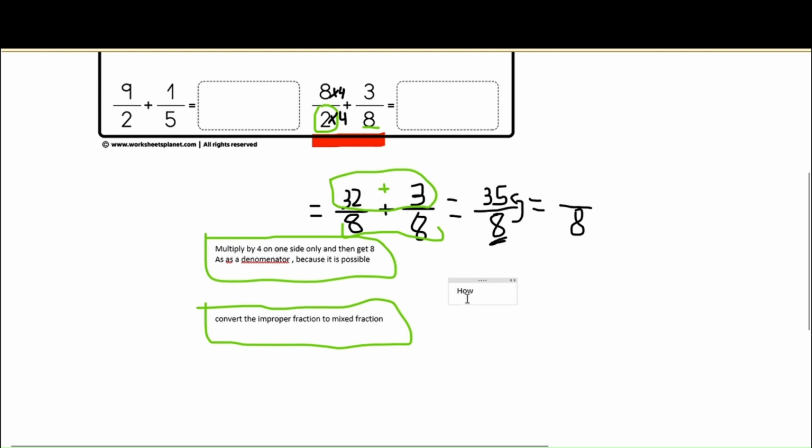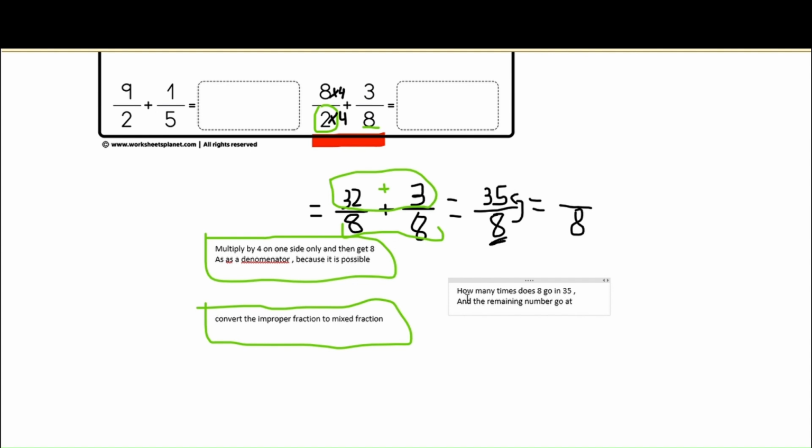I'll help you here. You take 8. You write it at the bottom. Then, how many times does 8 go into 35? It's a question.